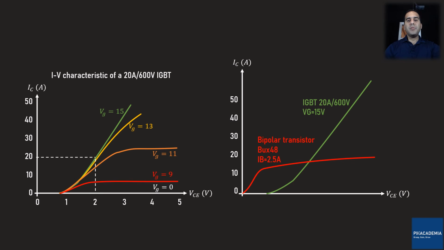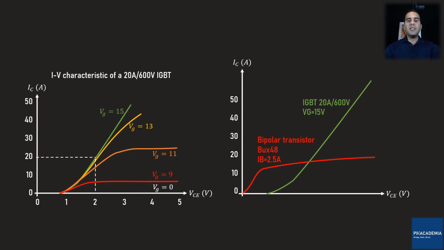Let's compare the IGBT I-V characteristic with that of a BJT. We already saw the I-V diagram of the 20 ampere 600 volt IGBT when the gate voltage is 15 volts. To turn on a BJT, we need to give the BJT some base current. For this BJT, I am giving the BJT base a current of 2.5 ampere.